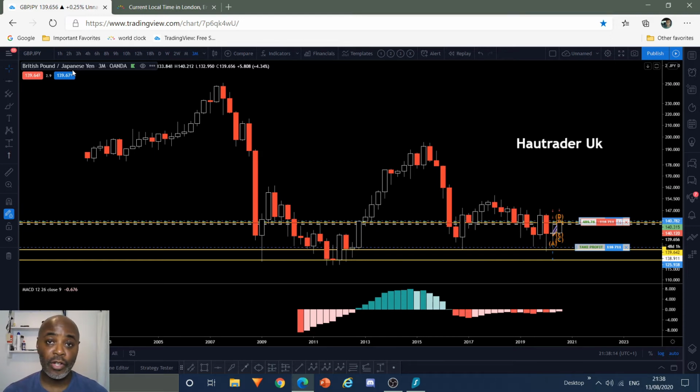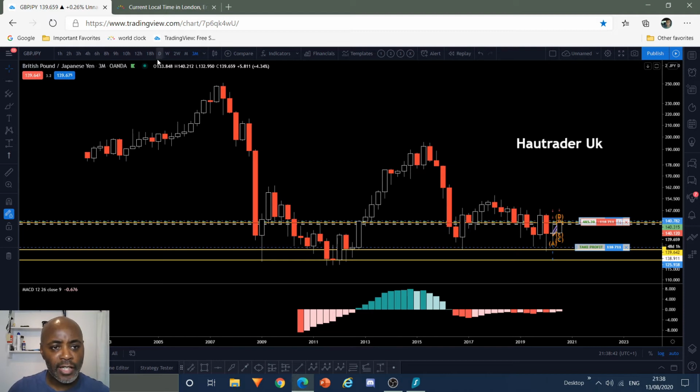Typically, in a risk-off environment, a currency like the Japanese yen does very, very well. Okay, it appreciates. And that's the divergence that I have here. British pound, worst GDP figures. Japanese yen, risk-off currency, should appreciate. And that's the reason for me having a short bias on this trade.